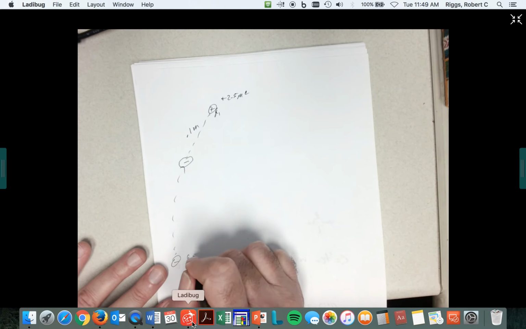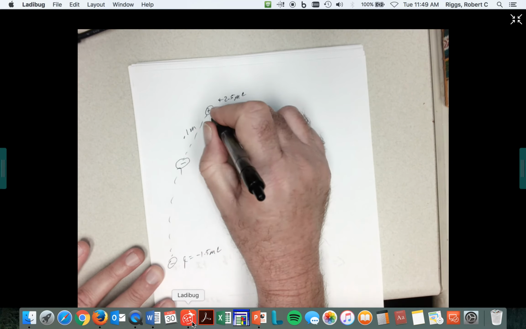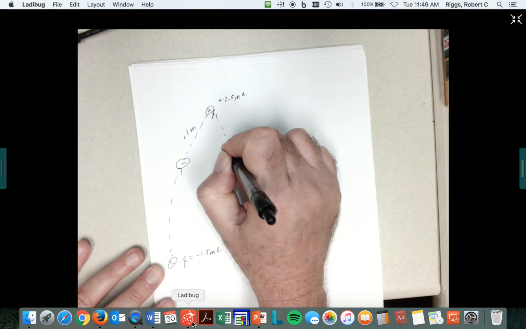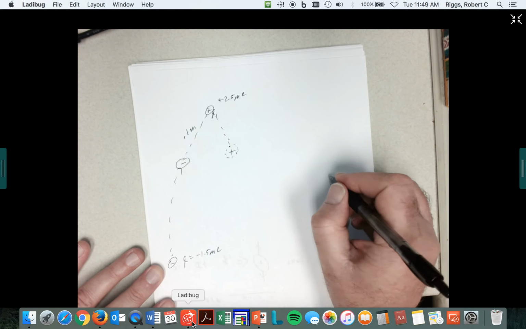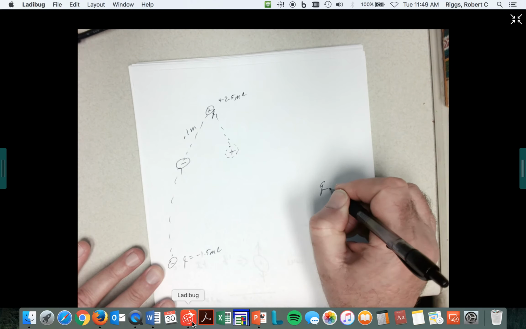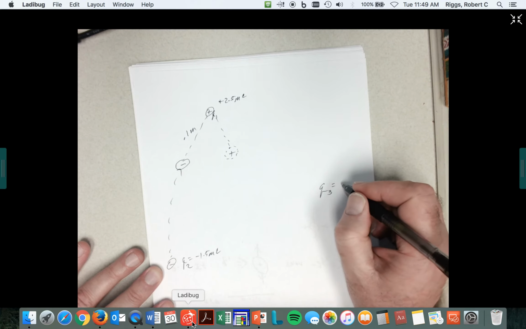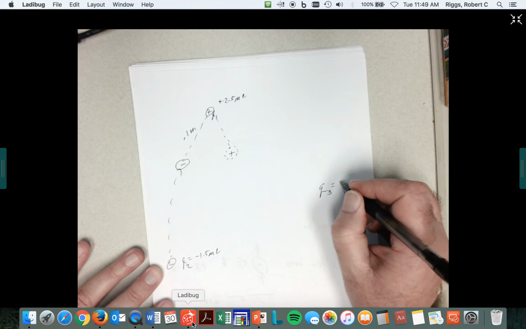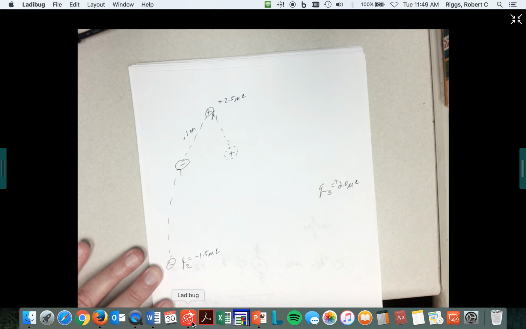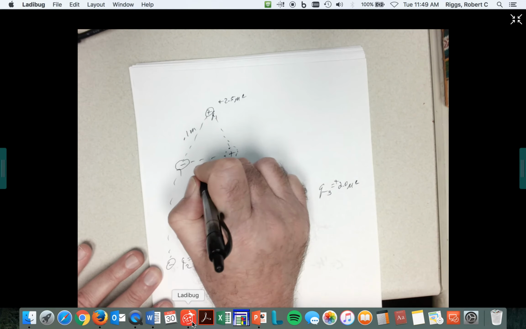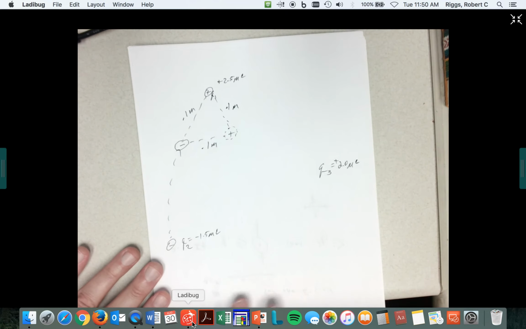This Q2 is equal to negative 1.5 microcoulombs. And then at another point here, we're going to bring in this positive charge, Q3, which is equal to, let's say, 2.0 microcoulombs positive. And all of these are just a nice equilateral triangle, 0.1 meters apart.